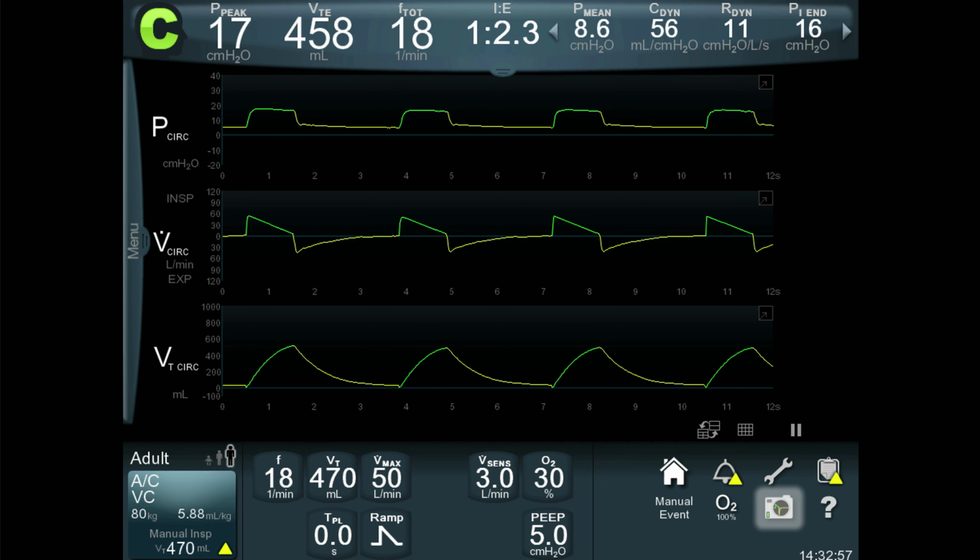It's not time cycled. The real giveaway here is that the flow waveform goes straight to expiration at the end of inspiration. So this is volume cycled, and also all of those tidal volumes are identical. That's a tricky one. So that's volume assist control with the decelerating flow pattern that is volume cycled.